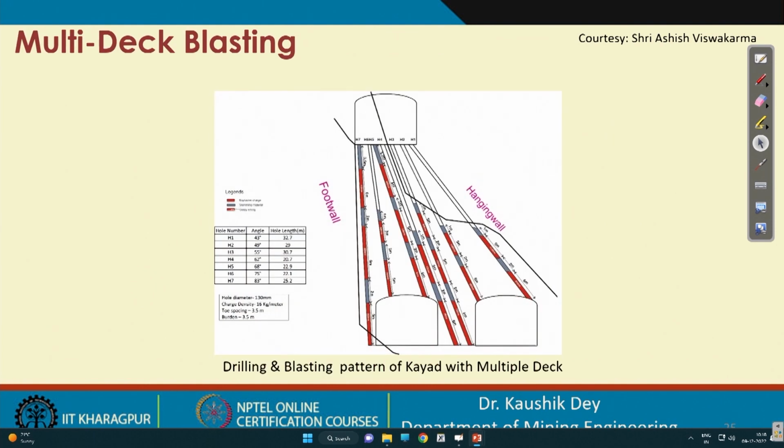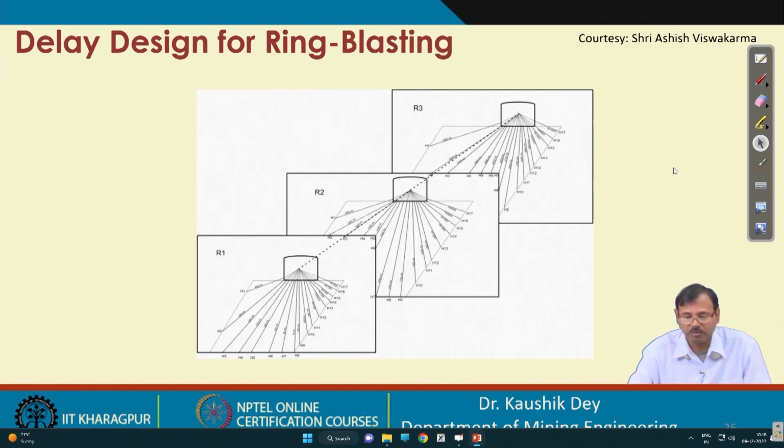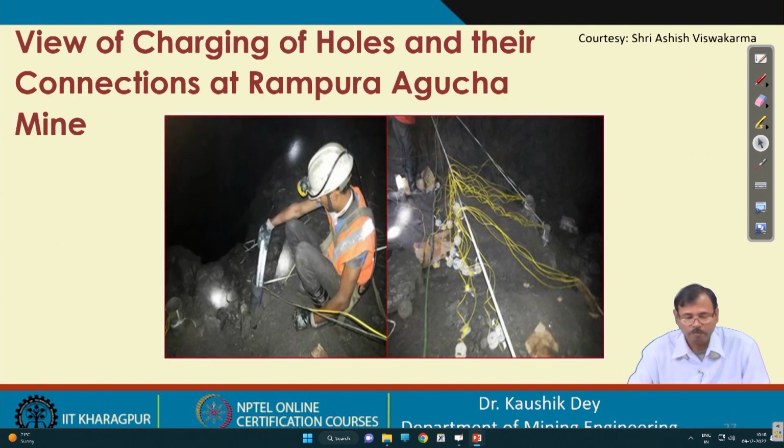Multiple decks are used for better distribution of the explosives. This is the delay sequence, case to case: the holes close to the slots are blasted first, then gradually the delays are given to the periphery holes.